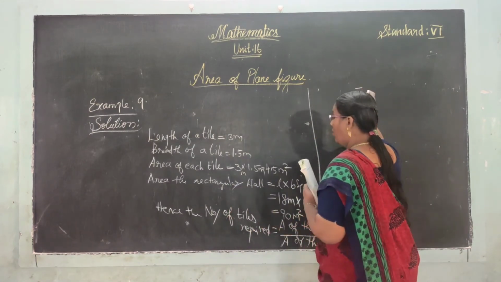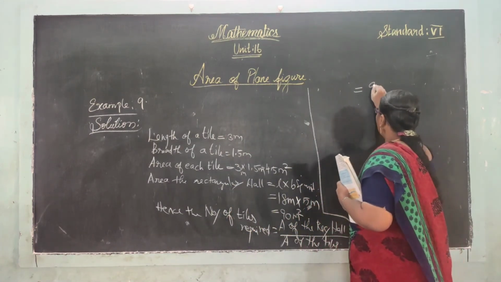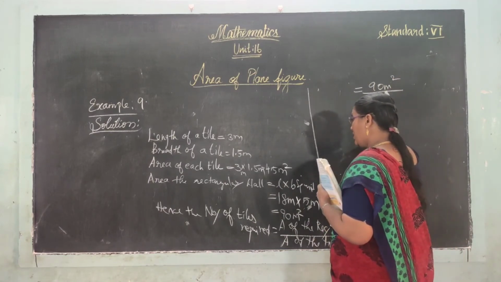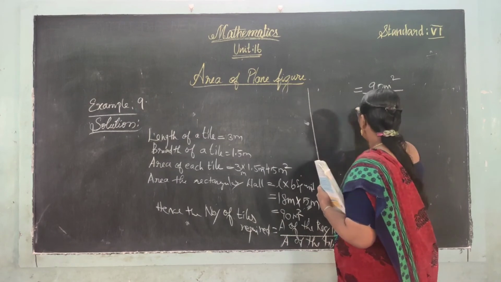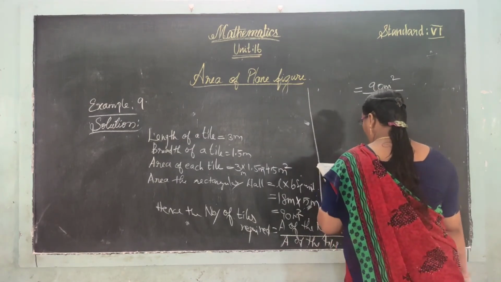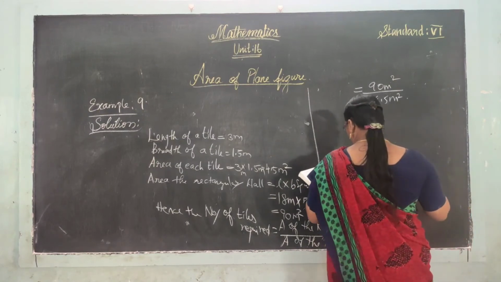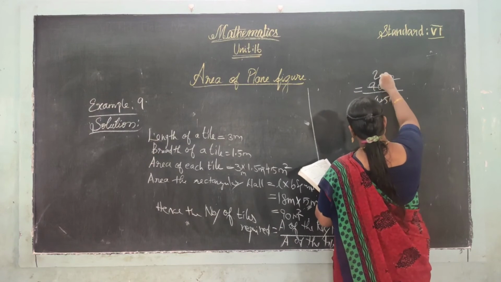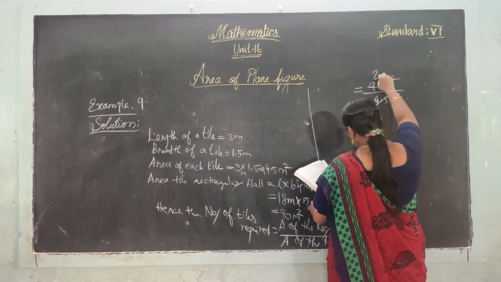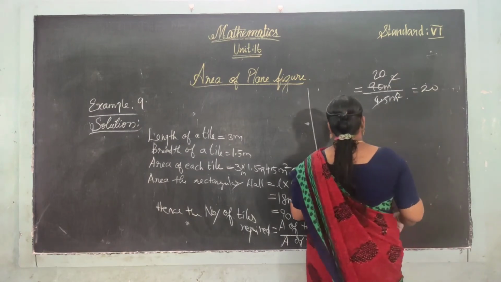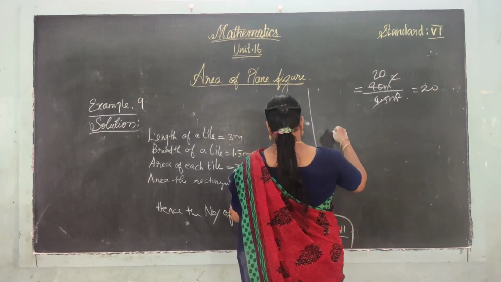Area of the rectangular hall is 90 meter square divided by area of the tile, 4.5 meter square. It will cancel. What we get, 45 twos are 90, so 20 tiles.